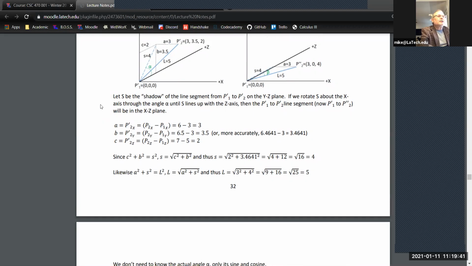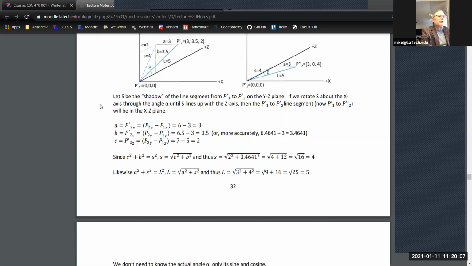S was the length in Z, the displacement in Z of that line. And so it's got to have a length of 4. And since we're going into the XZ plane, our Y value is 0. Our X value hasn't changed, it's still 3. So that's why it's 3, 0, 4.